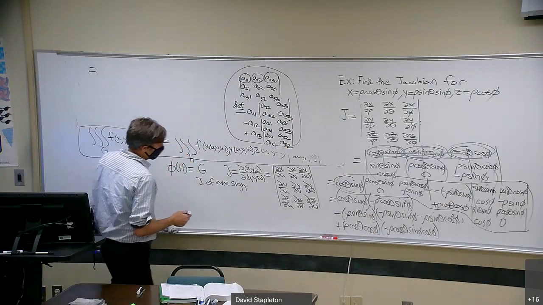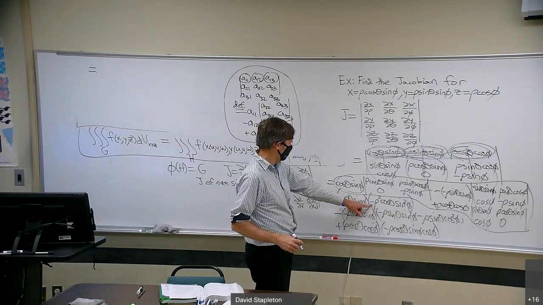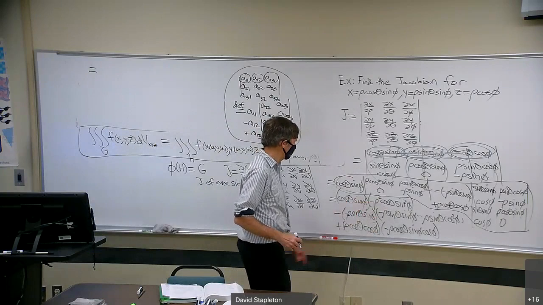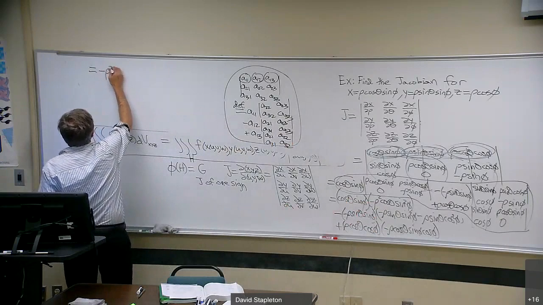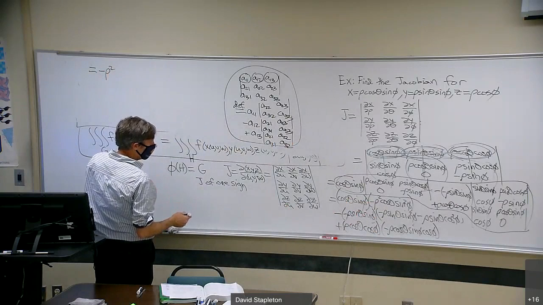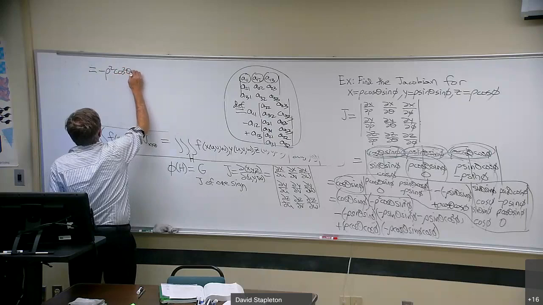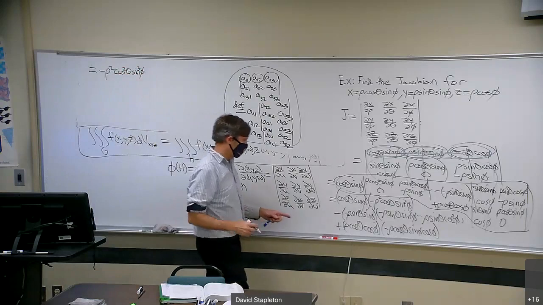So now I can say this first one is minus rho squared cosine squared theta sine cubed phi. The second one has two terms.